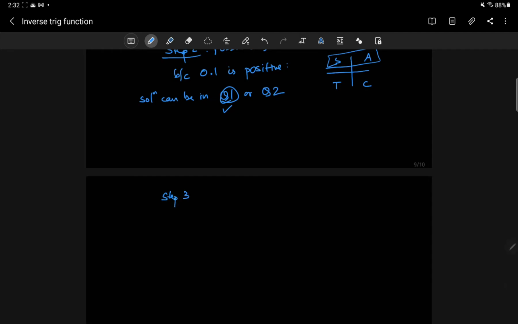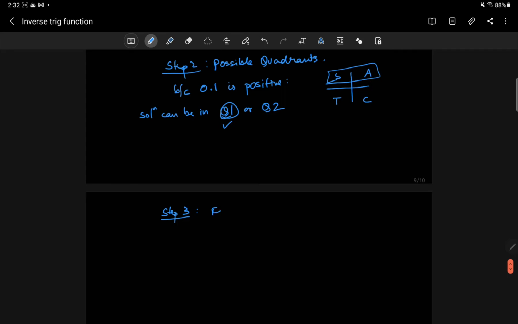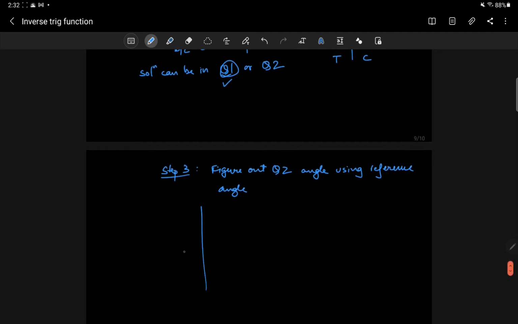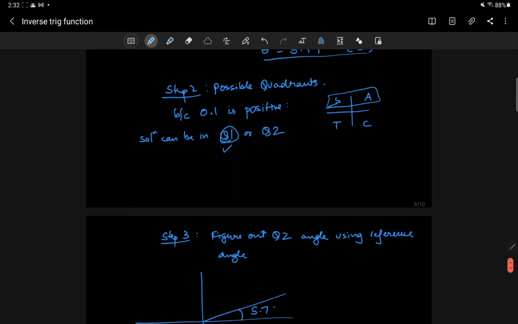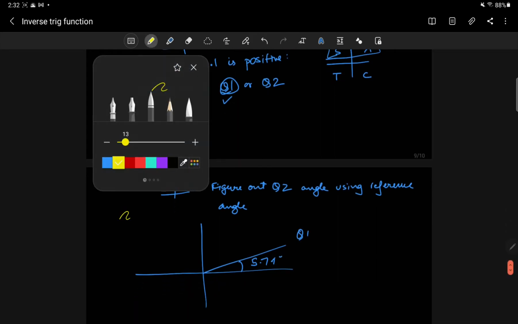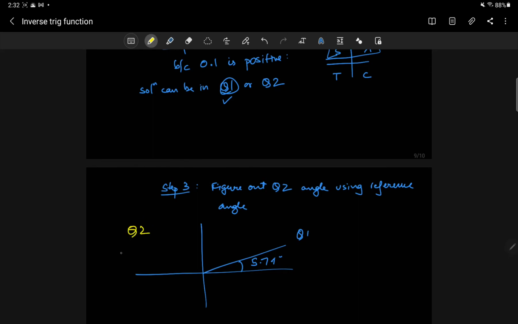So now step 3 is I'm going to figure out the quadrant 2 angle using reference angle. How's that? My quadrant 1 angle is 5.74 degrees. From this, I want to figure out a quadrant 2 angle which has the same reference angle.